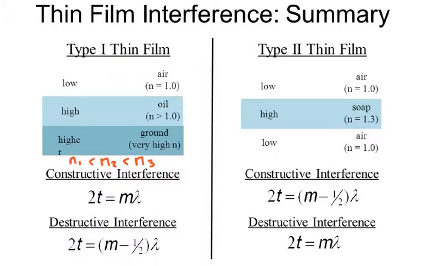But if you had the case where n1 is less than n2, and n2 is greater than n3, then these conditions shift. Wherever was destructive becomes constructive, and wherever was constructive becomes destructive. Let's look at some cases.